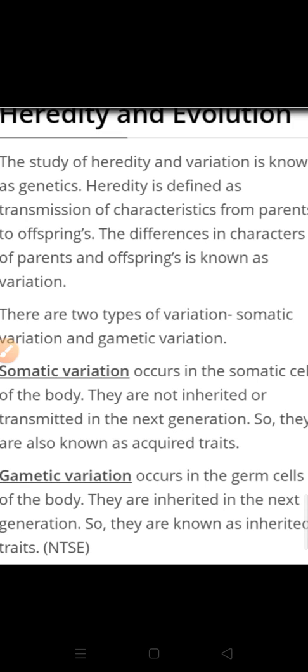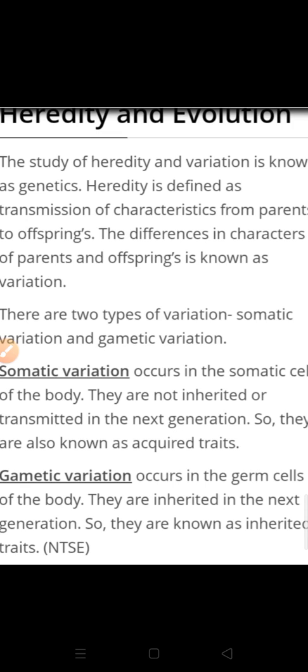Heredity means traits, characters, whatever we are having because of our parents. That is, the transmission of characteristics or traits. What are the characteristics? Height, color, complexion, colors of eyes, shape of nose, chin, our height, our body weight, and all the things.